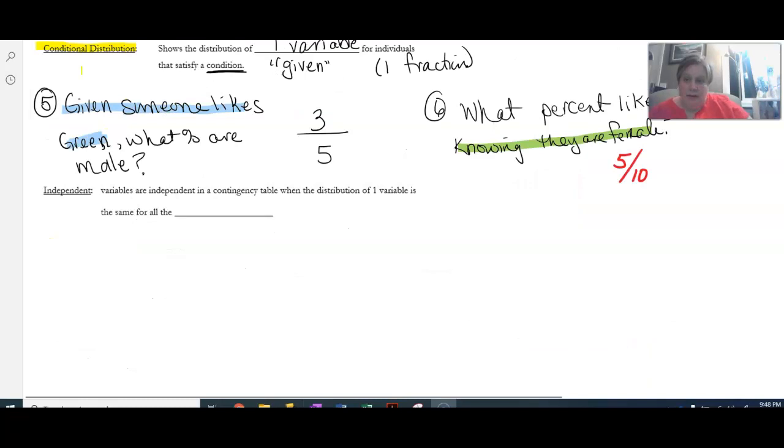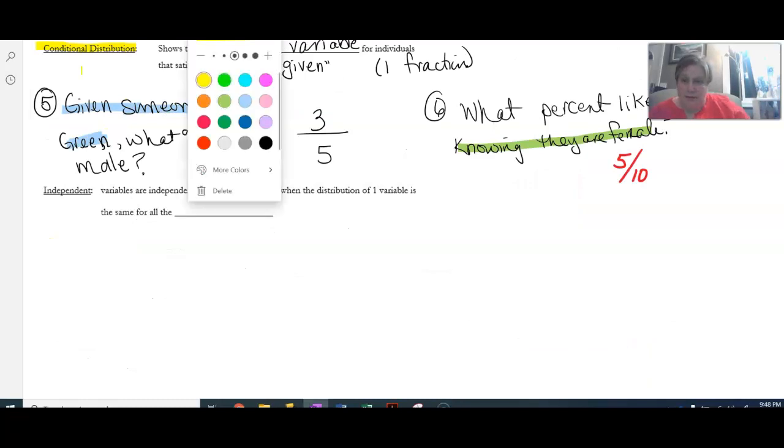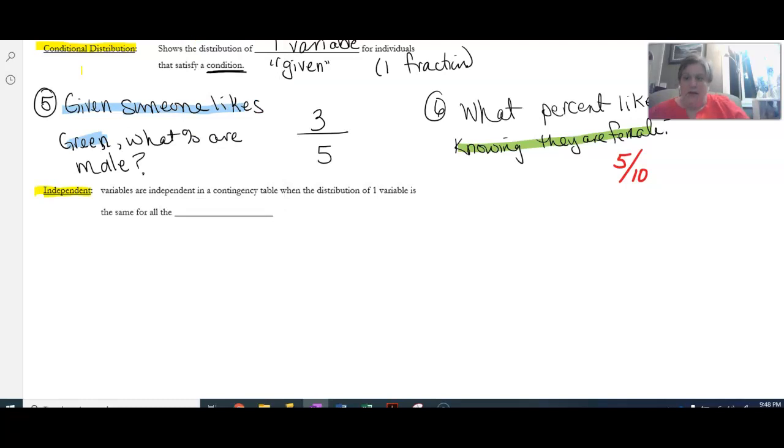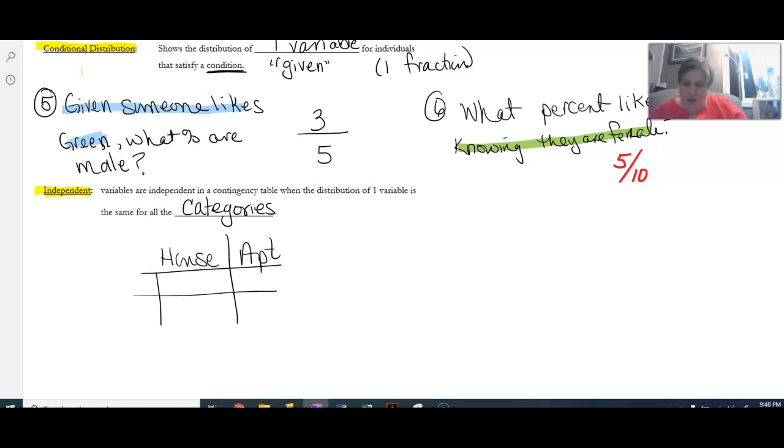Okay, the last thing we want to talk about in this video, and I know it's a little long, but it's the first one with lots of stuff to do. Our last thing is independent. Variables are independent in a contingency table when the distribution of one variable is the same for all of the categories. So let's say we have a table about house and apartments, and we're comparing pet ownership of dogs and cats.